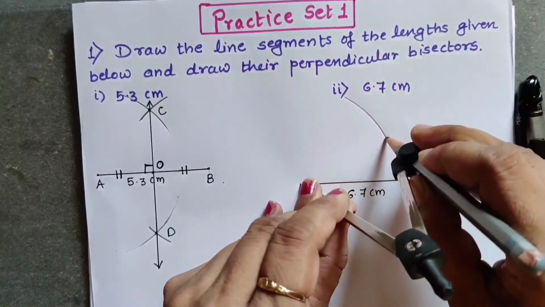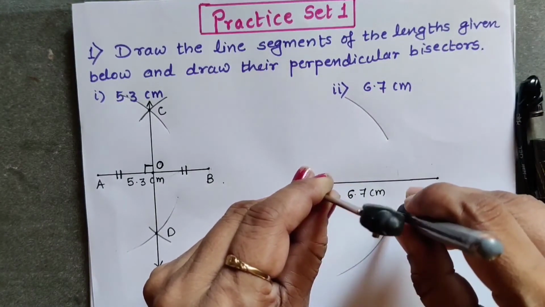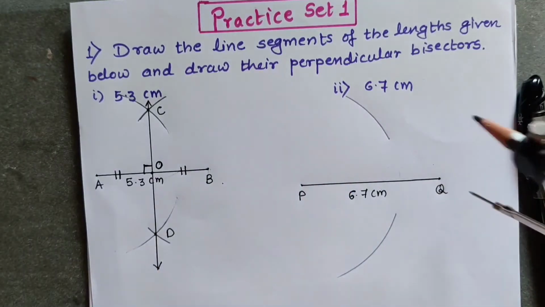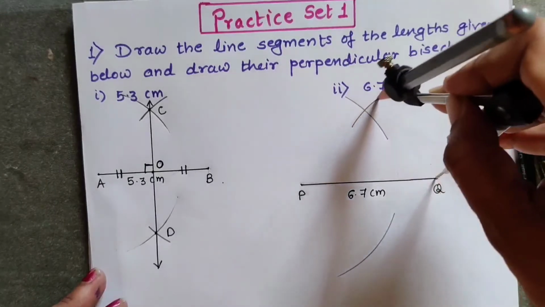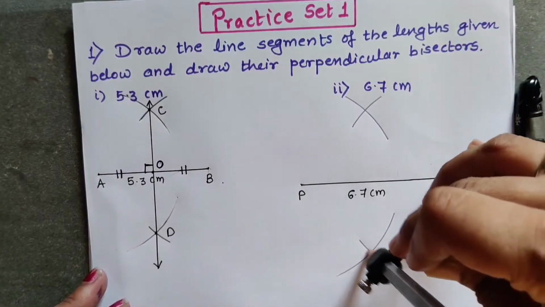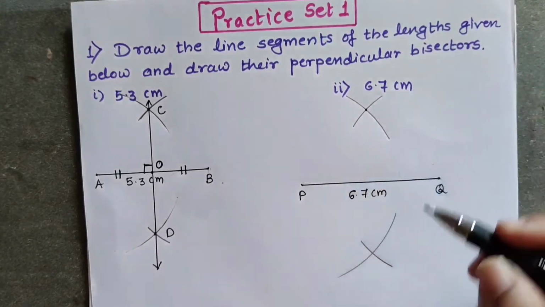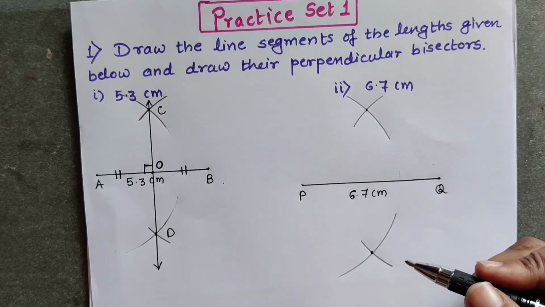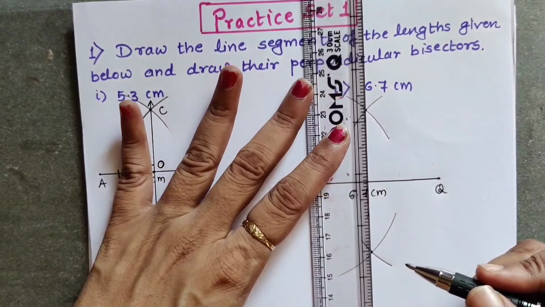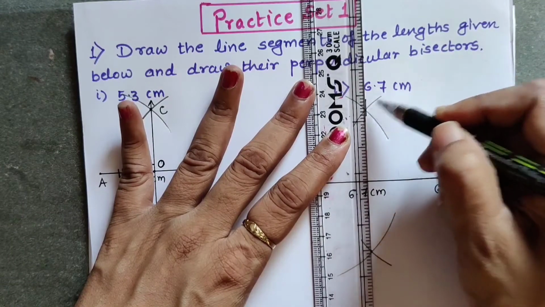We have to draw one arc above seg PQ and another arc below seg PQ. In the same way we are going to do from point Q also, so that we get 2 points, one above segment PQ and the second below segment PQ, and we are going to draw a line passing through these 2 points by using our ruler.